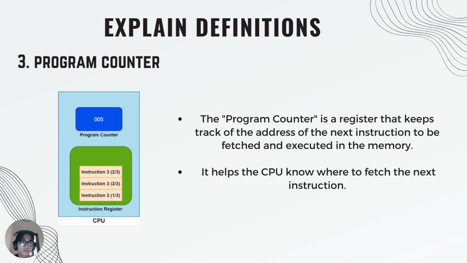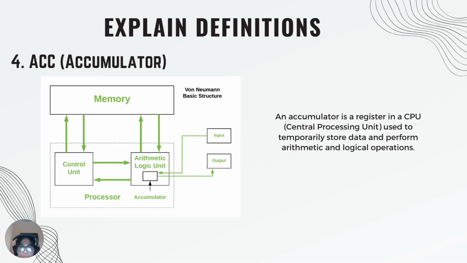Program counter is a register that keeps track of the address of the next instruction to be fetched or executed in memory, and it helps the CPU know where to fetch the next instruction. The next one is ACC, which stands for accumulator.